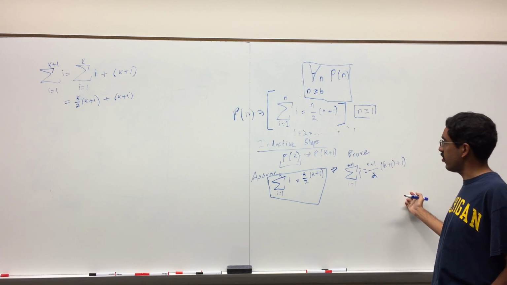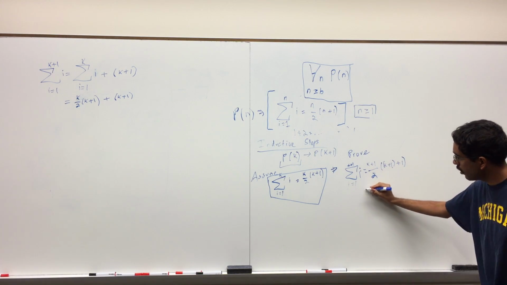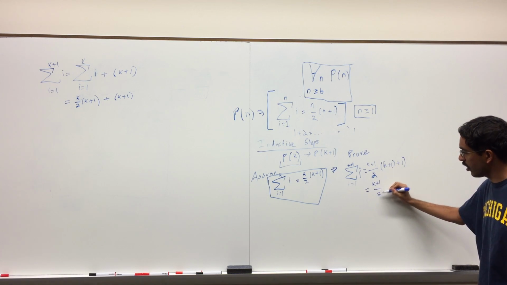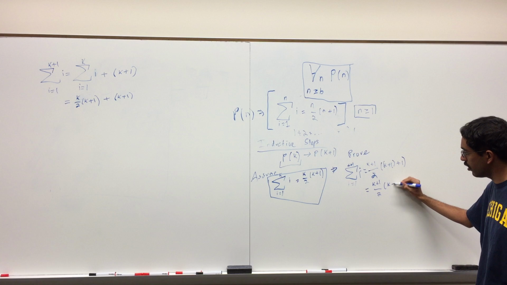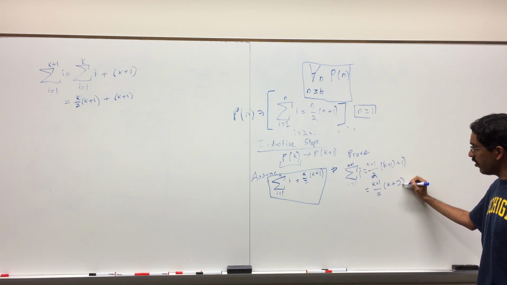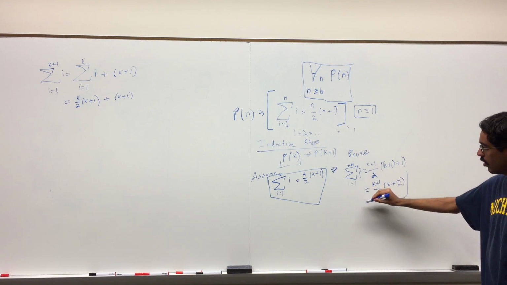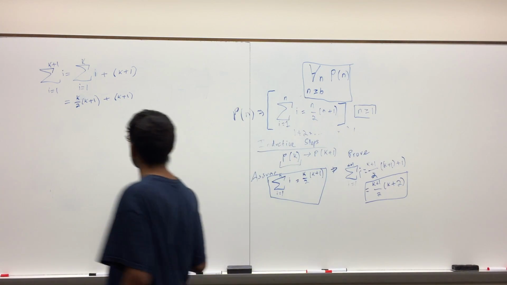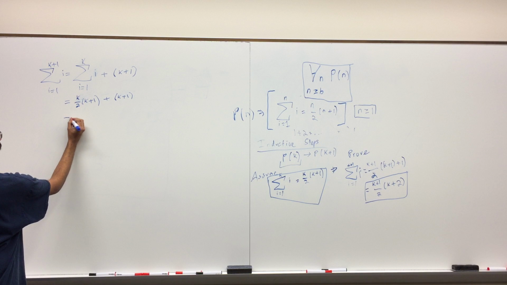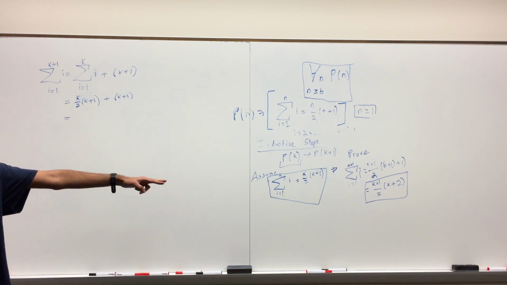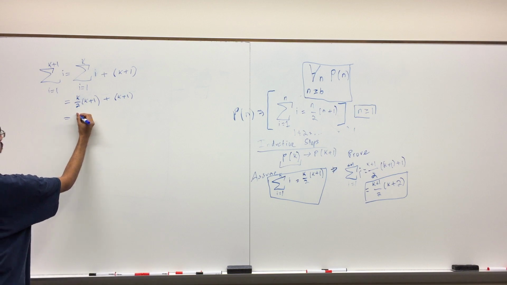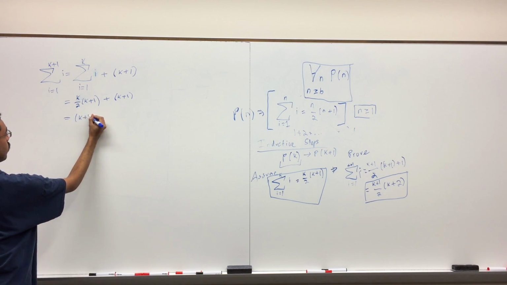It's really just easy algebra. Simplifying this out further does not affect the proof significantly, but this is ultimately what we want. We need to somehow equate this to being equal to that. Well, it seems like we can factor out the k plus 1 from here.